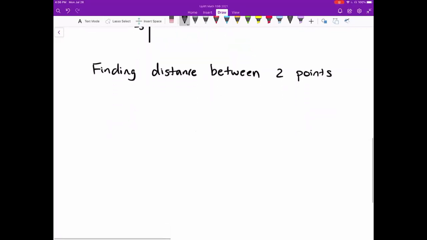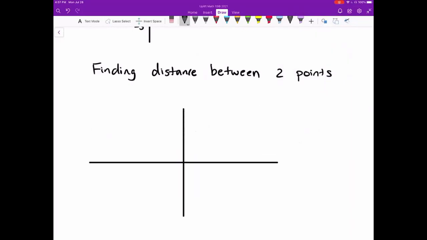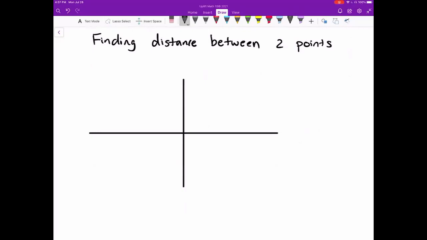So what we can use is the Pythagorean theorem. If you have something at 1, 1 and 5, 4, we can draw a line between them, and then we can form a triangle based off of that.